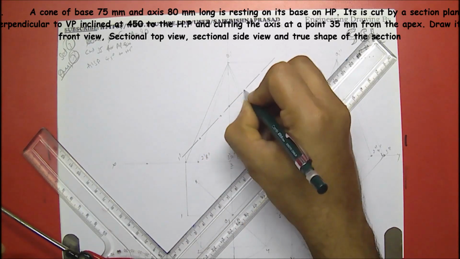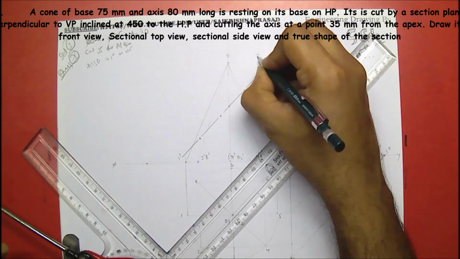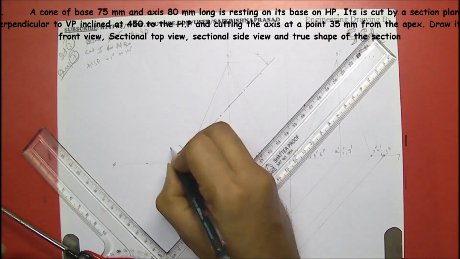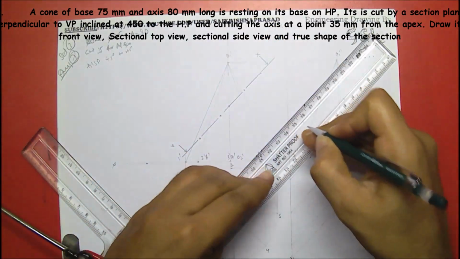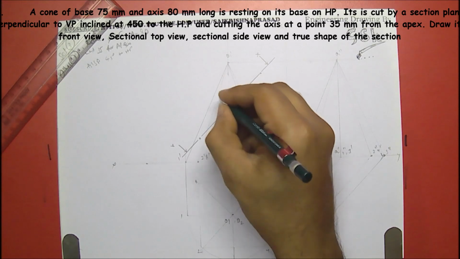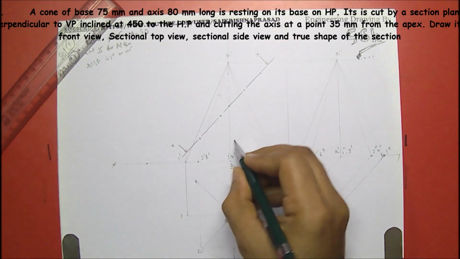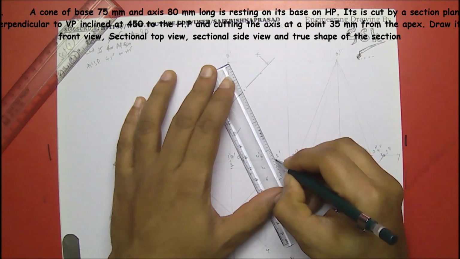Long dash dotted lines is a section plane, and you have to indicate this mark means this portion. Arrow mark means this is removed and this is remained, means this I have to draw light, and this I have to draw dark, this is remained. So now I'll be darkening this.